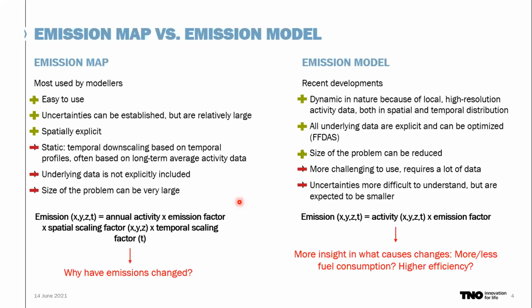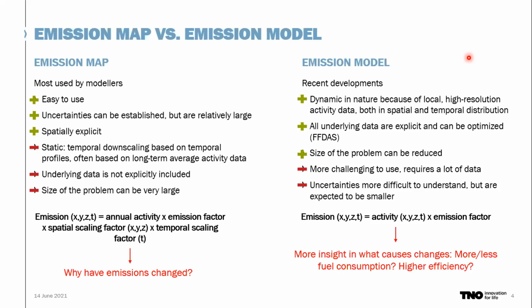So that's one of the reasons that we recently started developing an emission model to overcome some of these limitations. So an emission model basically uses local activity data that represent more of the spatial and temporal variability in the emissions. And all the data are explicitly visible in your model.